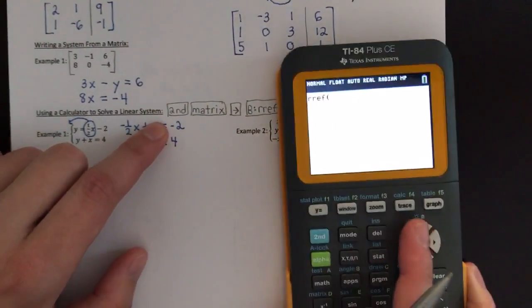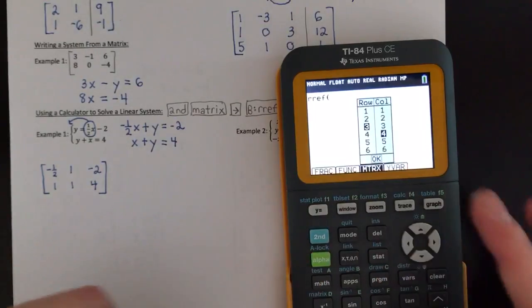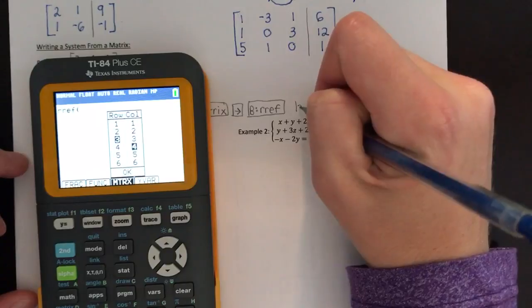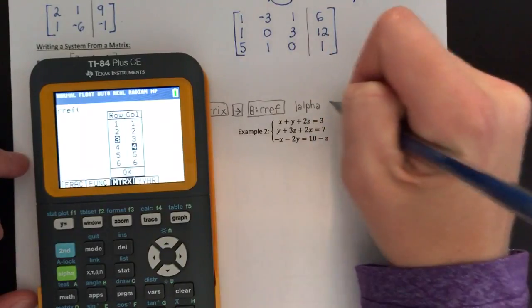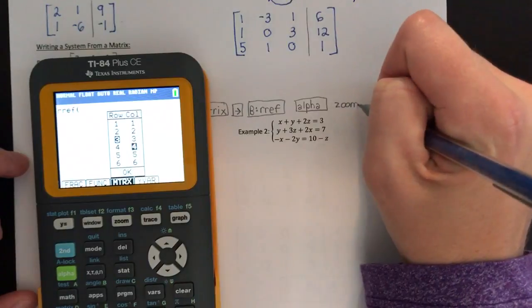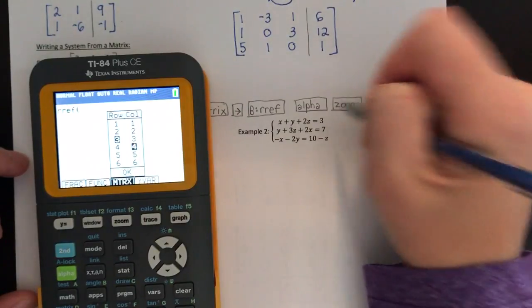Once you've got that, then you do alpha zoom and select the size of your matrix. So alpha zoom. That's the next set of keystrokes.